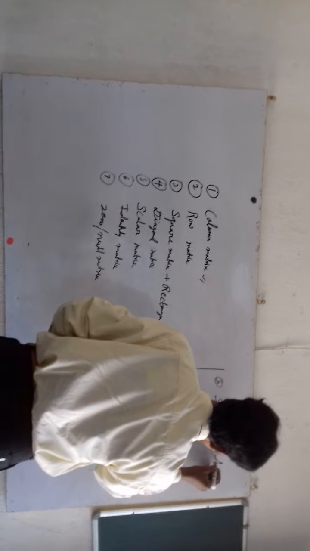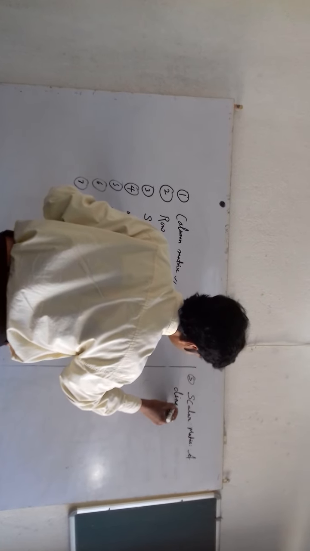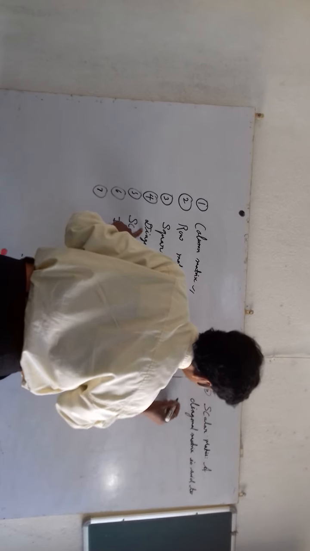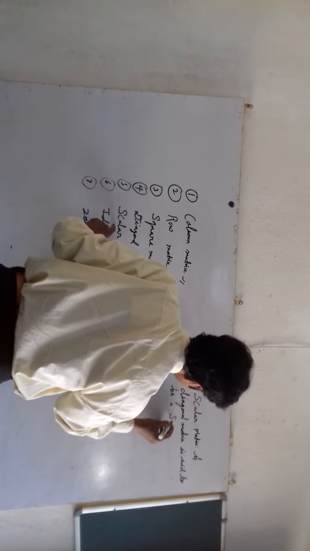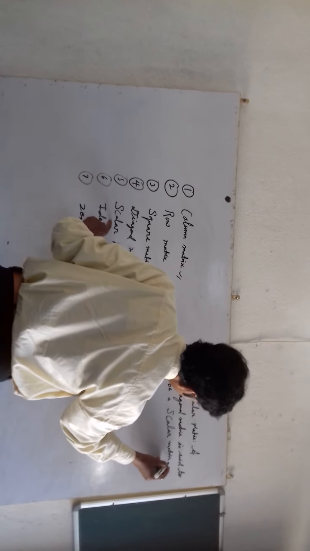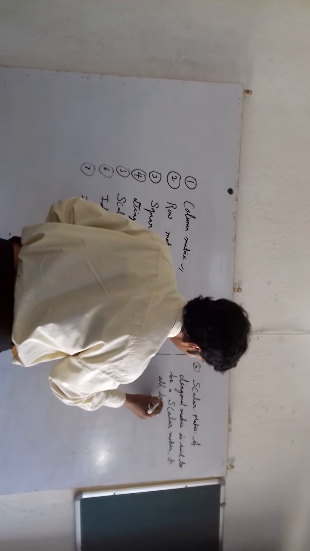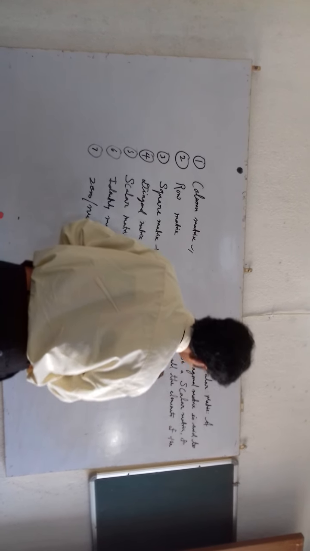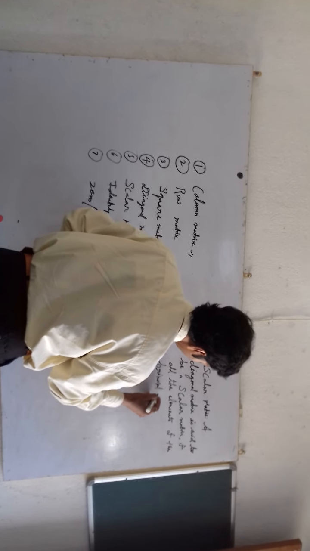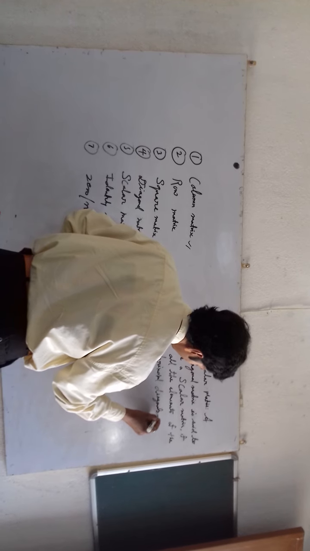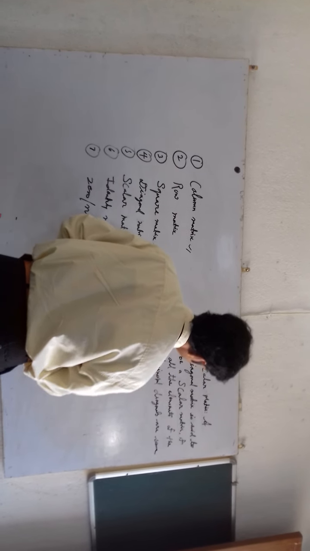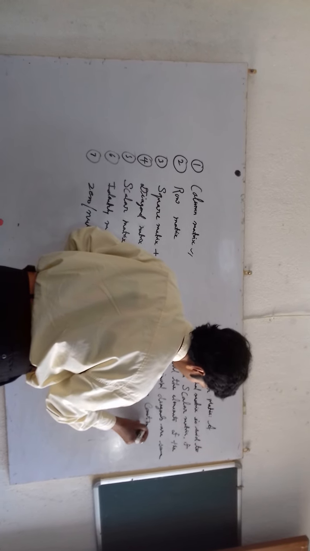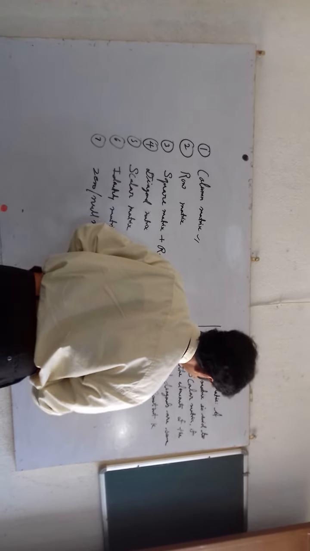The definition can be stated as: a diagonal matrix is said to be a scalar matrix if all the elements of the principal diagonal are some non-zero constant k.